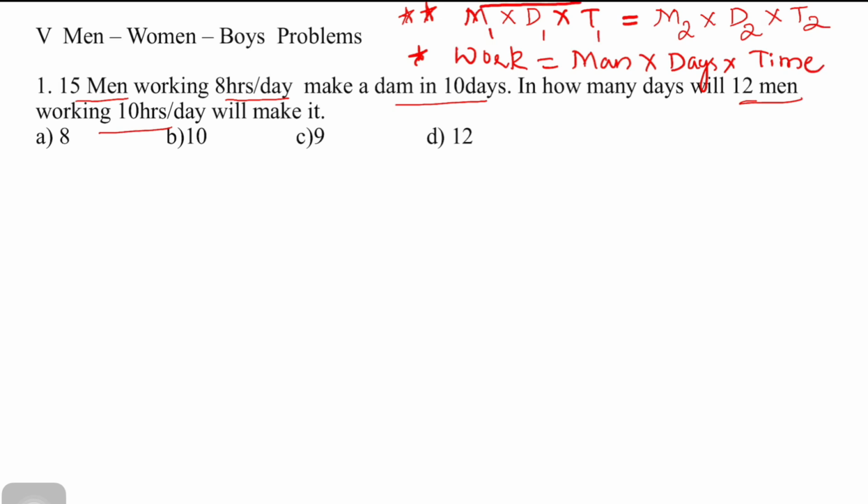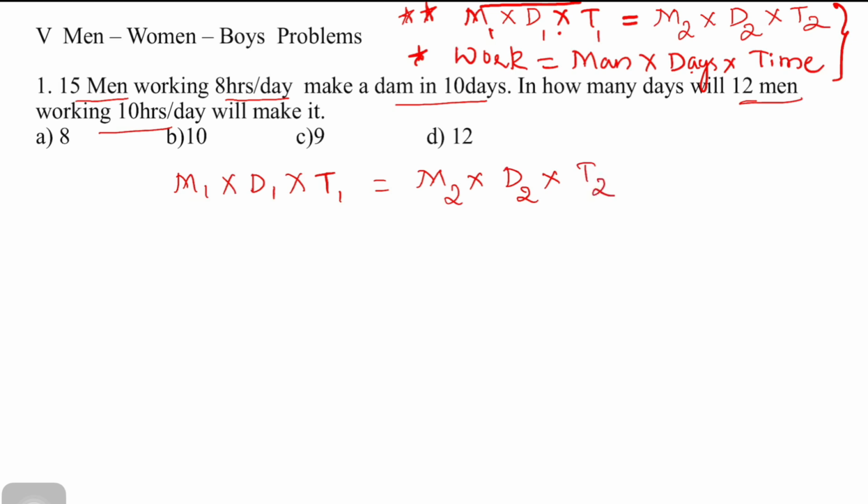The work is given by man into days into time. So m1 into d1 into t1 is equal to m2 into d2 into t2. So remember these two things to solve all the problems.